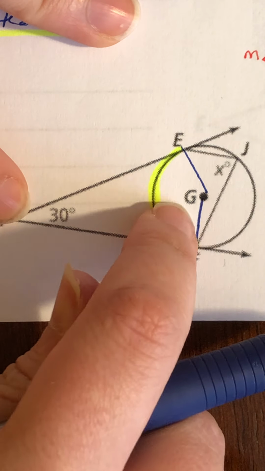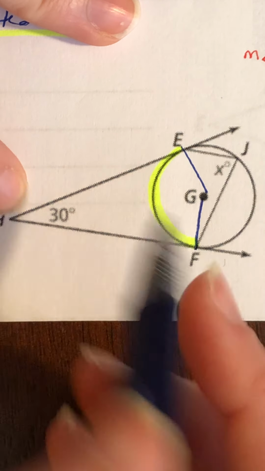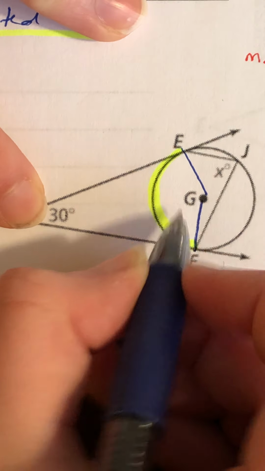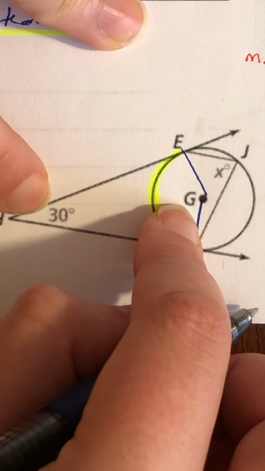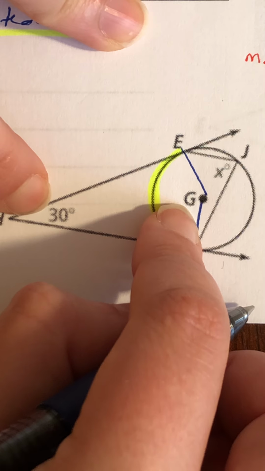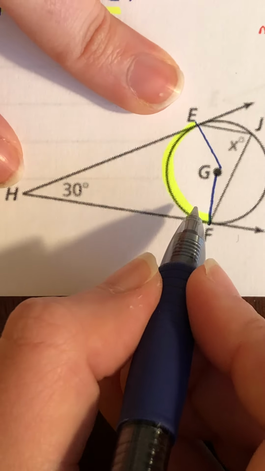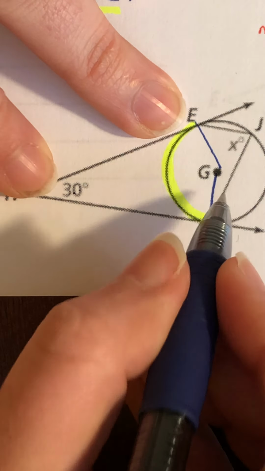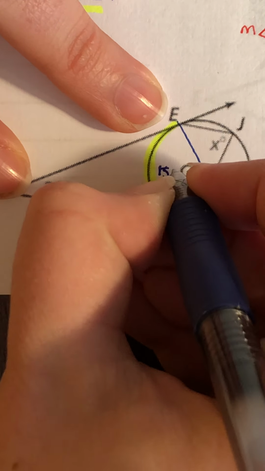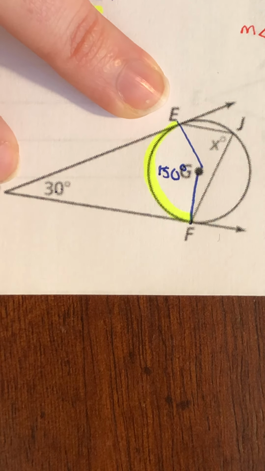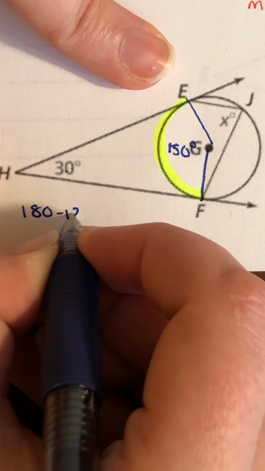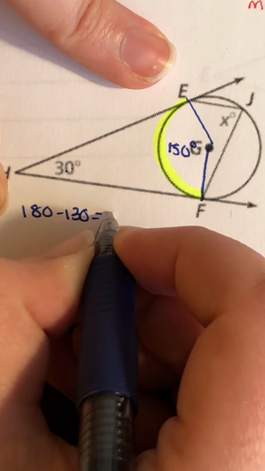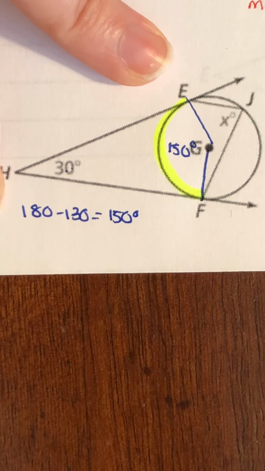So first, it's 30 plus whatever this is going to be 180. So let's use that. 30 plus what is 180? This is going to have to be 150 degrees, because if I subtract 30 from 180, I get 150.